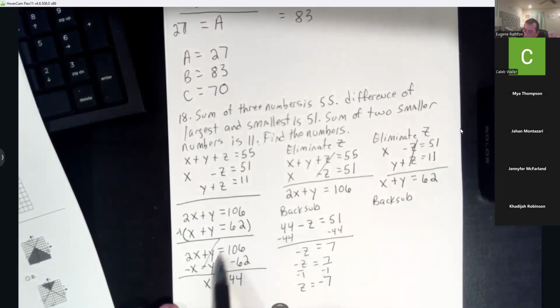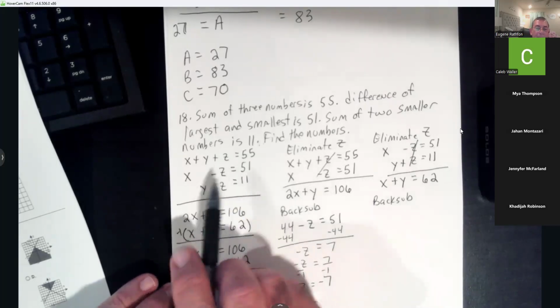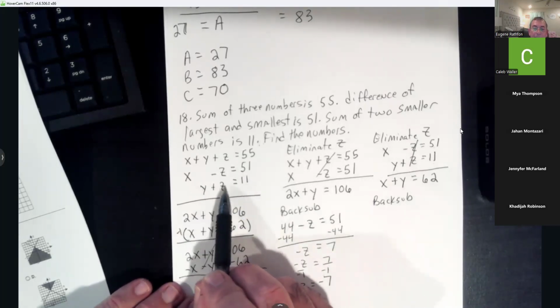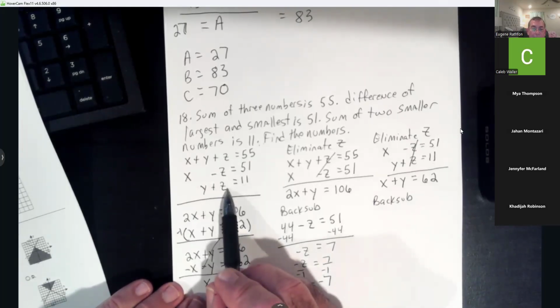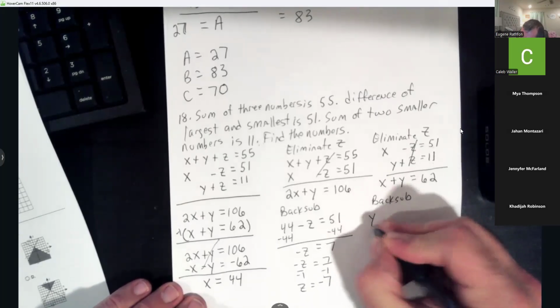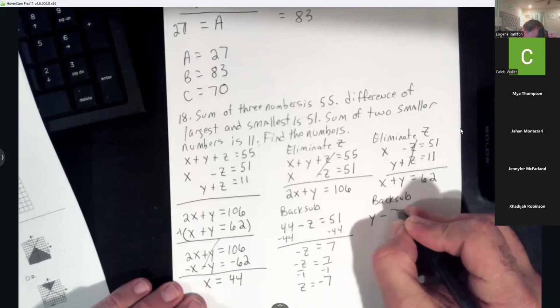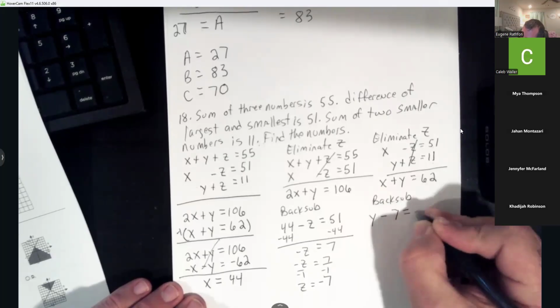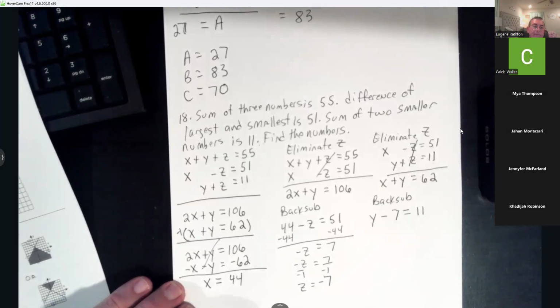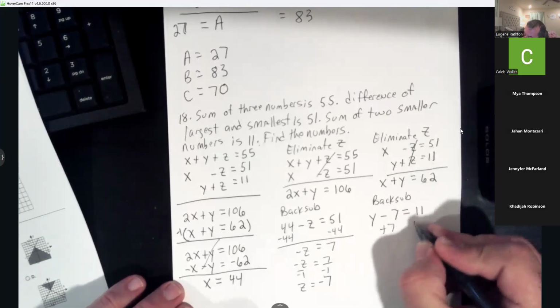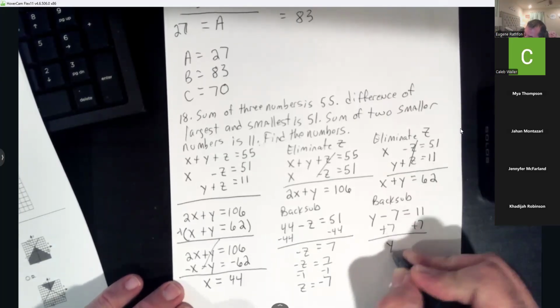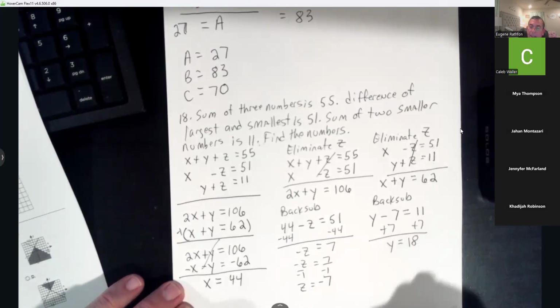Oh, we have eliminated y right here. But it don't matter. I got a y right here plus z equals 11. I know what z is, -7. So I'm just going to plug that into that last equation. Y plus z, which is -7, has to equal 11. And there's just one move. Add 7. And I get y equals 18.